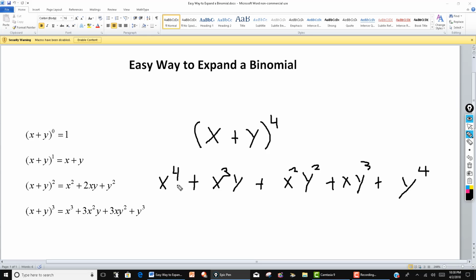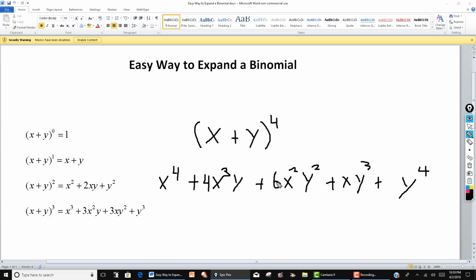That's the first term. 4 divided by 1 is 4. Now 3 times 4 is 12. And that's the second term, so I divide that by 2. That's 6. Continue. See, it's always the power on the first term that I'm working with. So 2 times 6 is 12.